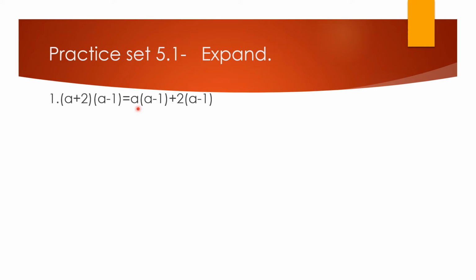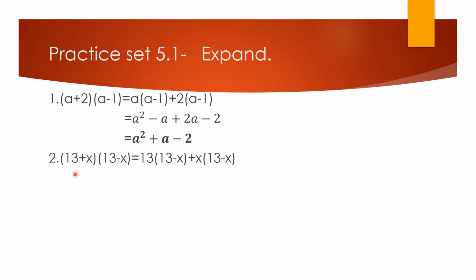So it is equal to a(a − 1) + 2(a − 1), which is a² − a + 2a − 2. Then −a and +2a are similar terms, so add them. −a + 2a we get +a, and therefore the expansion becomes a² + a − 2.